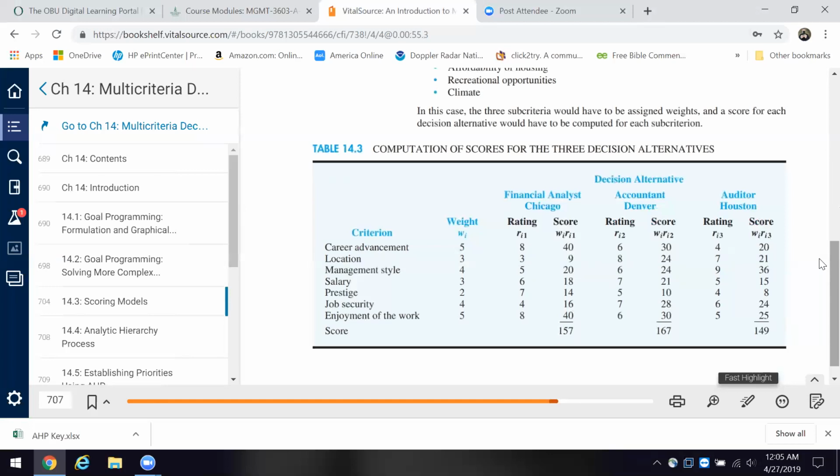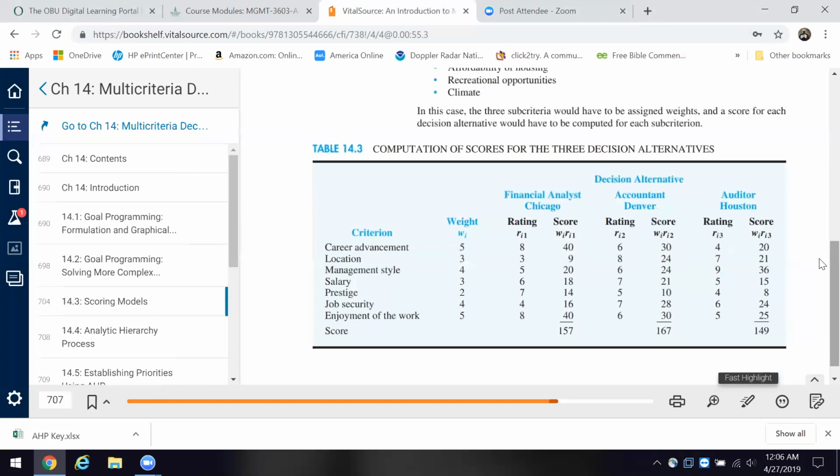The median is 157. That's easy to say. That's the median score. The maximum is 167. The difference between the median and the highest is 10 points.